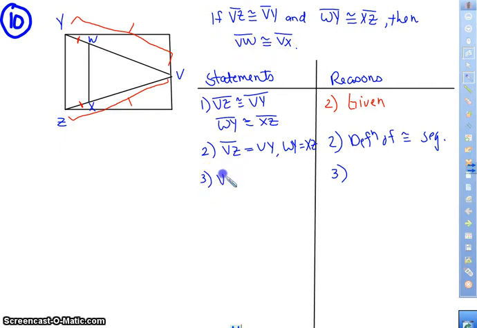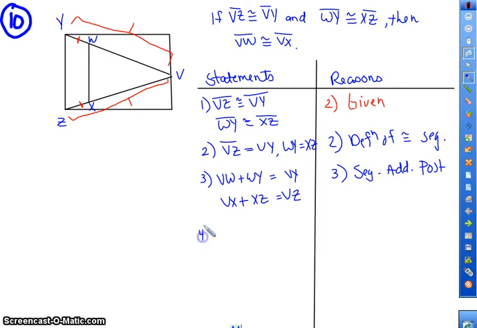So I'm going to put VW plus WY equals VY, and then I'm going to put VX plus XZ equals VZ, and that is my segment addition postulate. Okay, which we can see that's true.